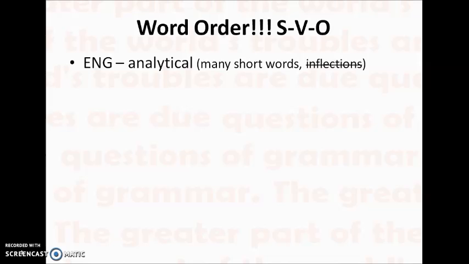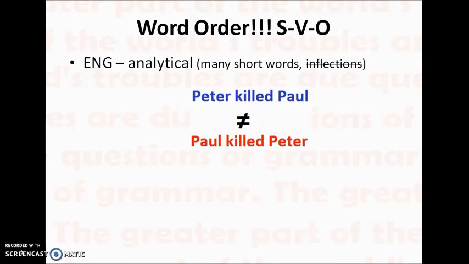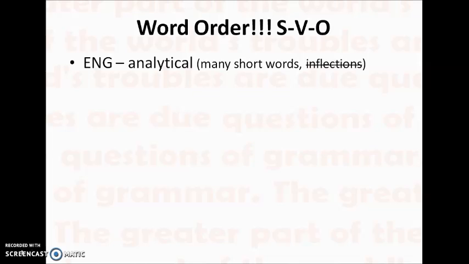To put it simply, word order in English is important because Peter killed Paul is not the same as Paul killed Peter. What is the difference? Well, the difference is who is dead, right? But let's not talk about killing. Basically, usually, the subject goes first and the verb goes after it.